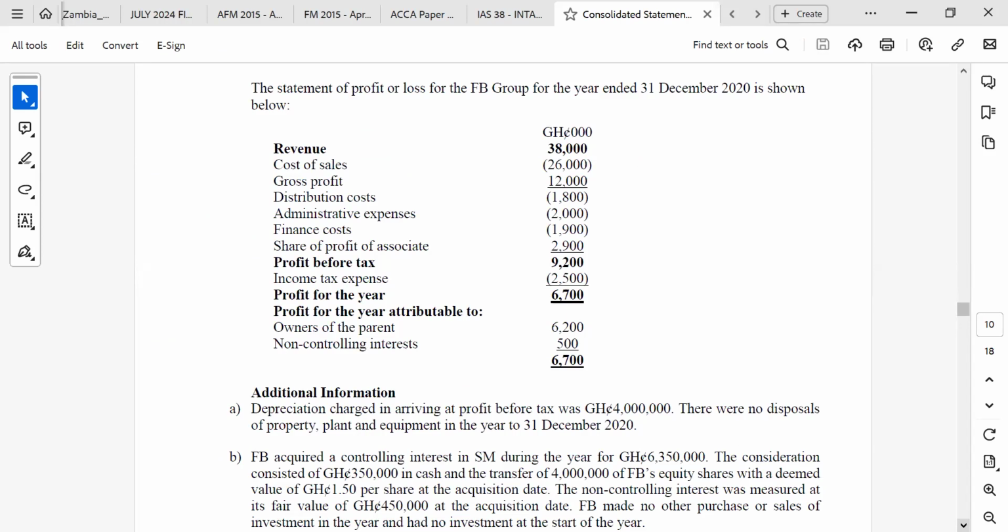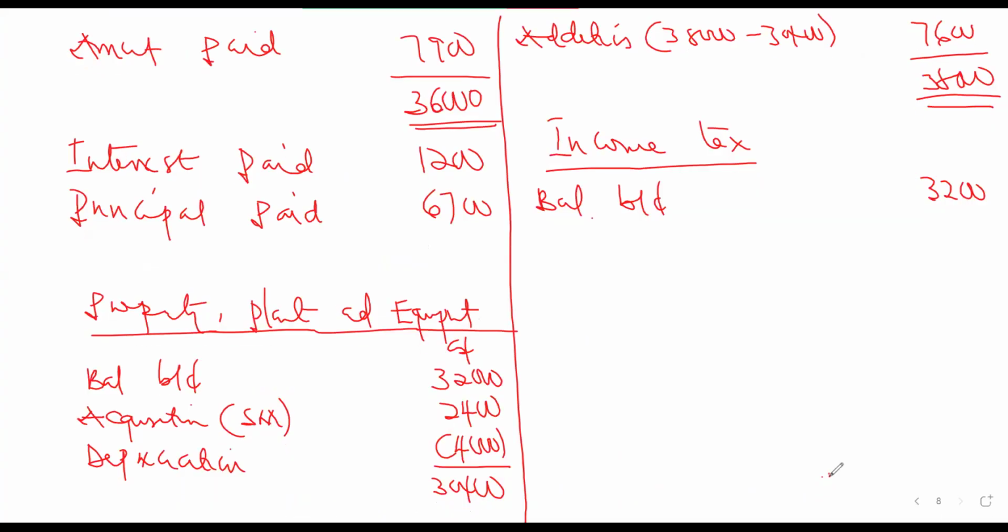So we are owing them 3,200 for the previous year, and we are still owing them 2,500 for this year. So what's supposed to be the total owings? We add the 2,500 to that. That will be the tax expense for the year. So the amount that we're supposed to be owing them is how much? 5,700, isn't it? Okay.